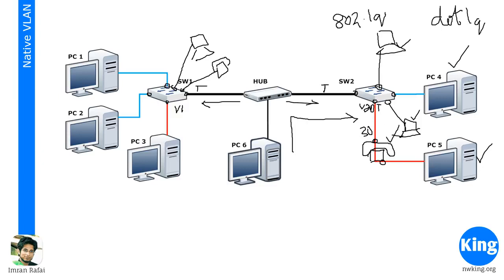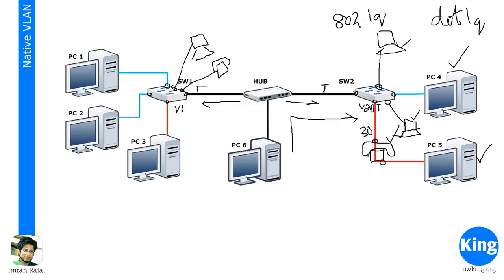Now, when untagged traffic comes here, the switch immediately puts it into VLAN 20. Now, if these two switches are communicating with each other, and it says traffic coming from VLAN 20, it says, okay, that's your native VLAN, so I'm not going to tag you. So it's going to send it out without tagging.